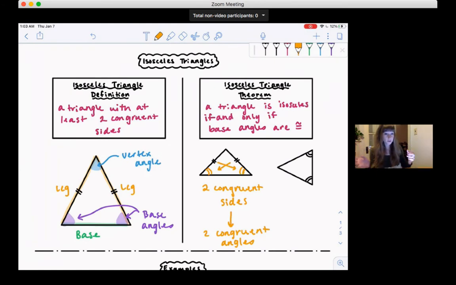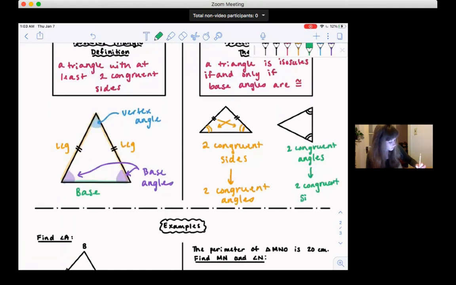We can also go the other way. So let's say you know that there are two congruent angles. Then we know that there must be two congruent sides. So we have two congruent angles here, then the sides that are across from them will also be congruent.